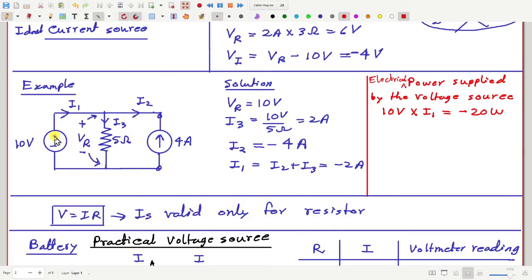We don't know, but what we can definitely say is that electrical power is consumed and converted into some other form in this voltage source. Then, how much is the electrical power supplied or generated by the current source?